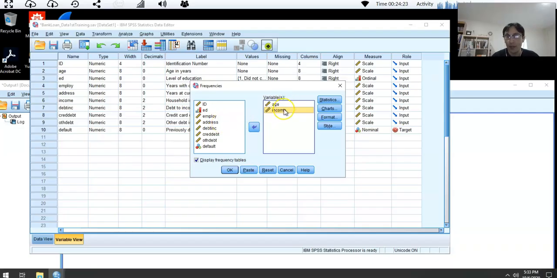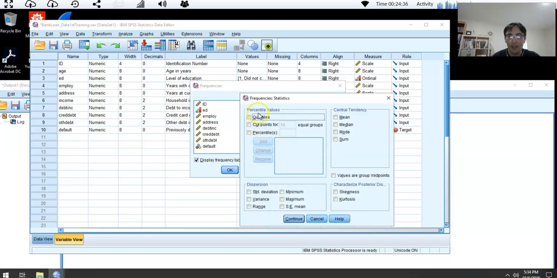So having these two variables under the Variables box, you are about to analyze these two variables using this button. Click Statistics, and now you'd like to get, under Central Tendency, the mean, median, and mode of age and income, right?